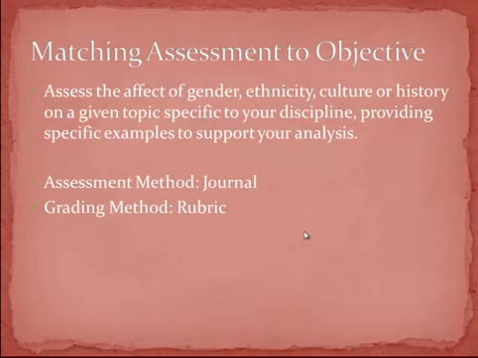I think it would be very interesting to see how students' perspective of gender, ethnicity, culture, or history changes over the course of a semester when they're taking a course in psychology, sociology, history, and they're learning more and more about these issues and their effect on different disciplines. And again, I'd probably use a rubric to assess that.